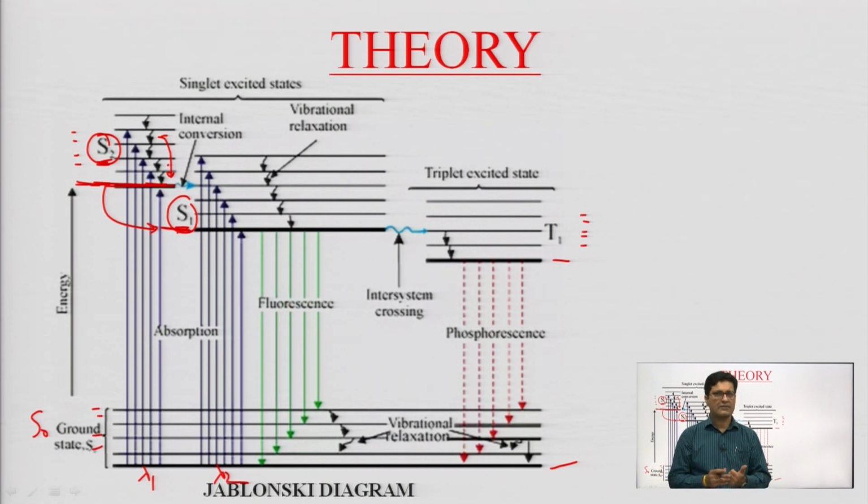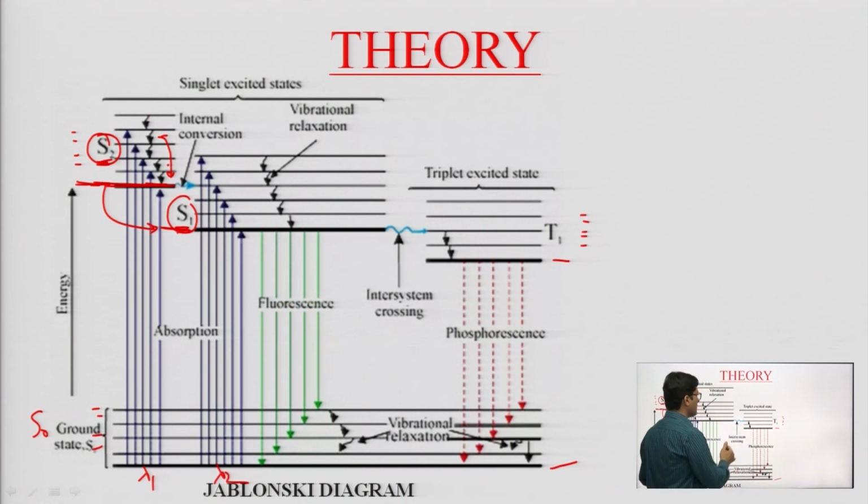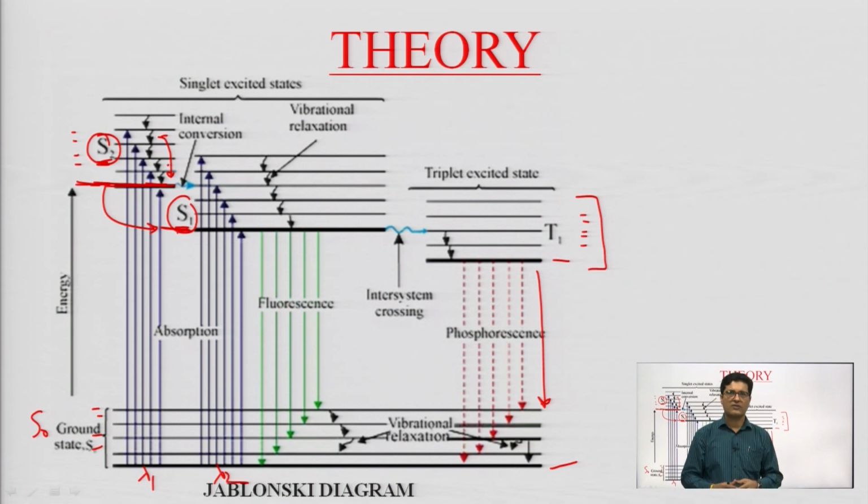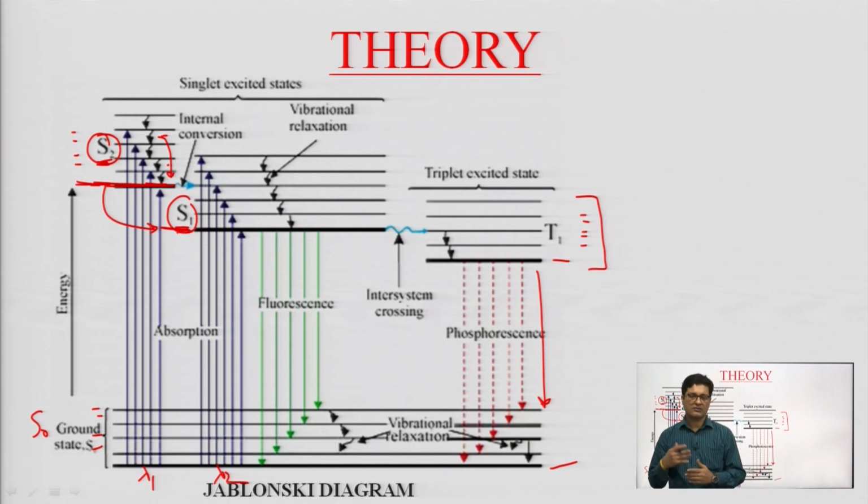In the third case, it can jump to the excited triplet state, and when it comes from this excited triplet state to the ground state, this process is known as phosphorescence. That we are not going to discuss. We are mainly focusing on fluorescence.